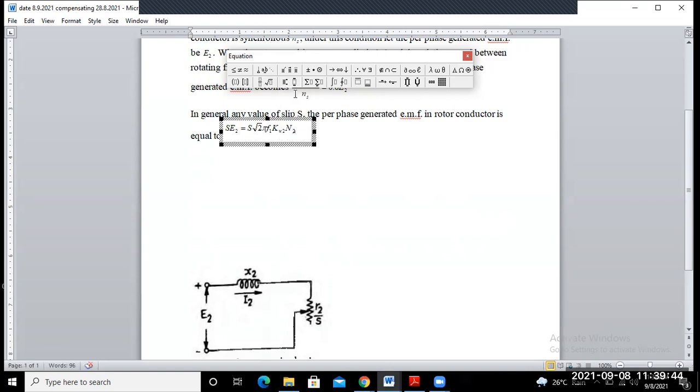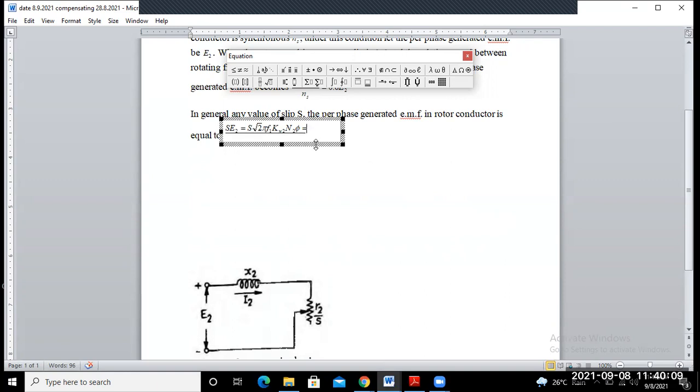So this we can represent as root 2 pi S into F1. Just write together the slip and the supply frequency F1.